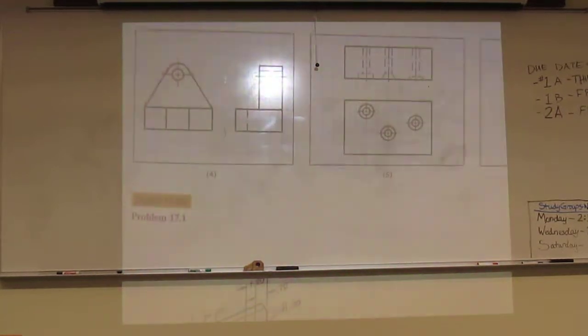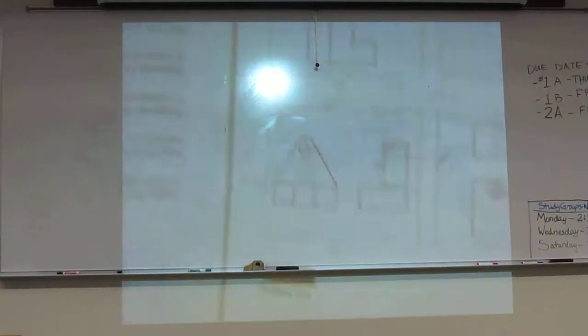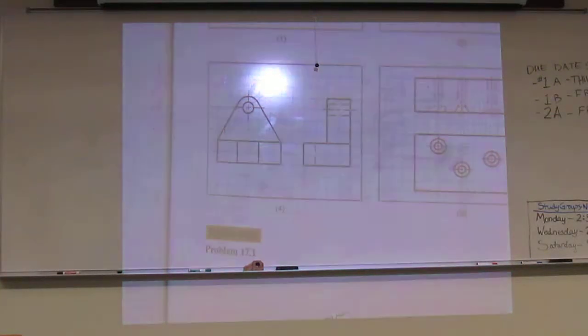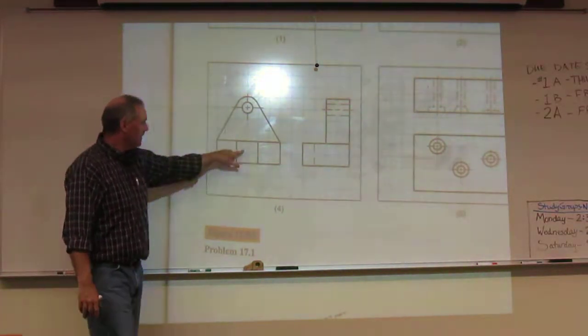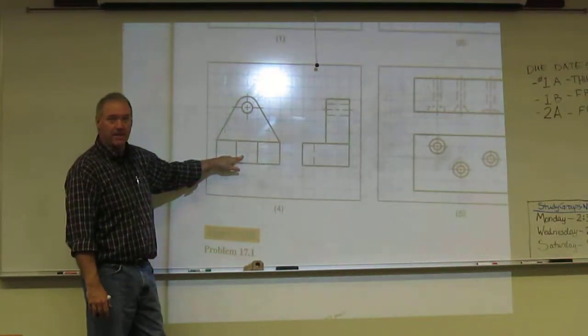I think this guy is 1, 2, isn't it? One of your drawings? By the way, I think the views they have are not sufficient on this. So keep that in mind. Just because they give you something, you've got to look at this. This is not described in these views.